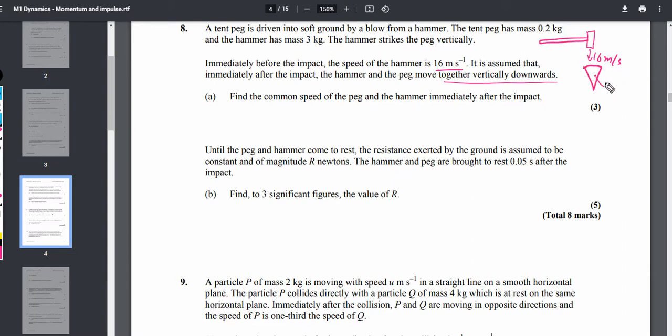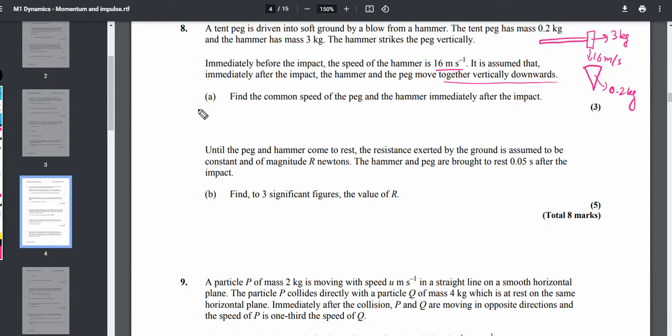The mass of the peg is 0.2 kilogram and the mass of the hammer is 3 kilogram. So we'll use the law of conservation of momentum and work out the final speed. Once the hammer hits the peg, they move with the same velocity. The initial velocity of the hammer is 16 meters per second and the mass is 3.